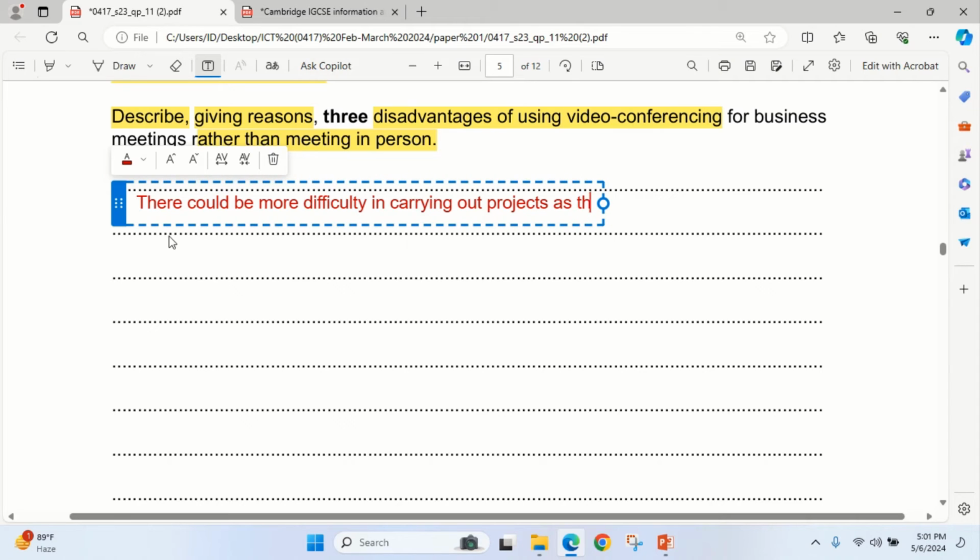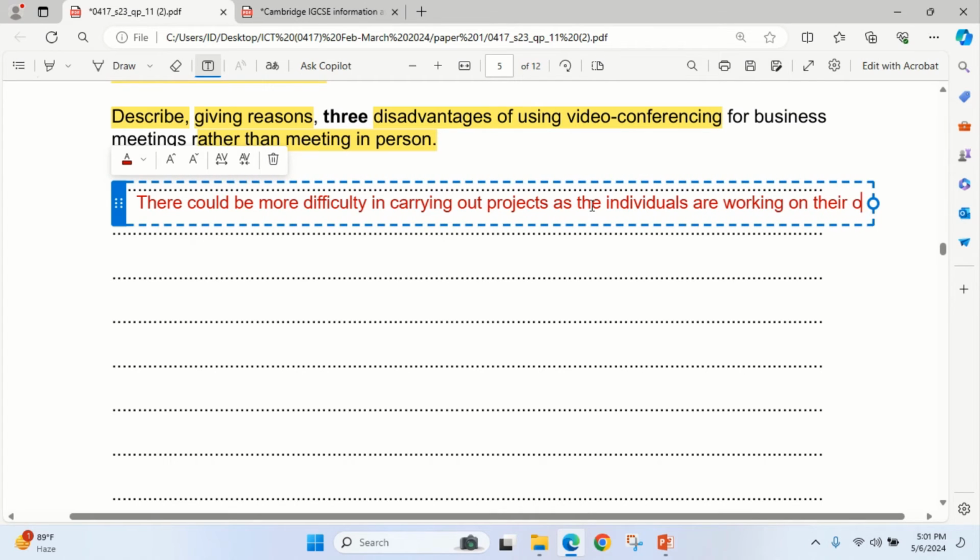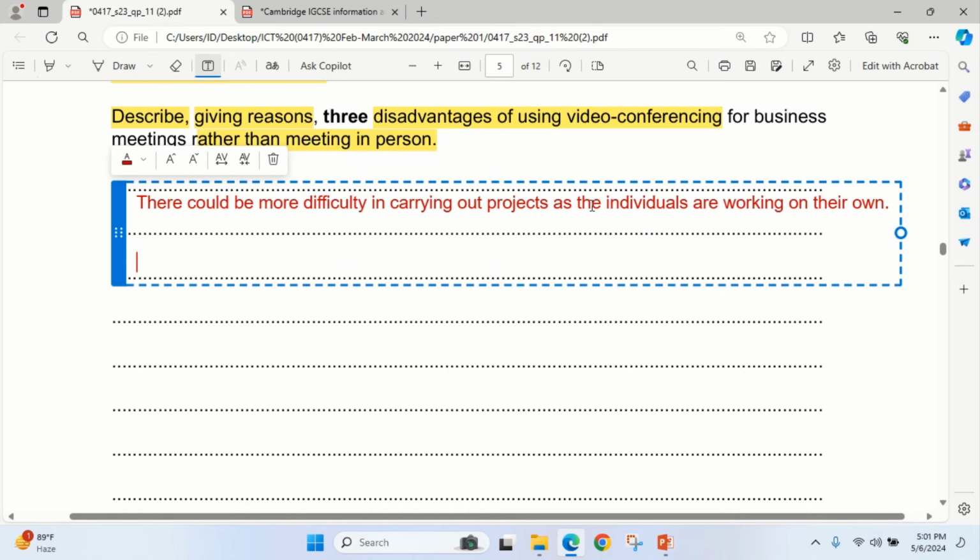As I've described the disadvantage, now the reason for the disadvantage is that the individuals involved are working on their own. So that's an issue there. Another one that is very important is time zone difference. That one is very, very important. Time zone difference could pose a challenge.